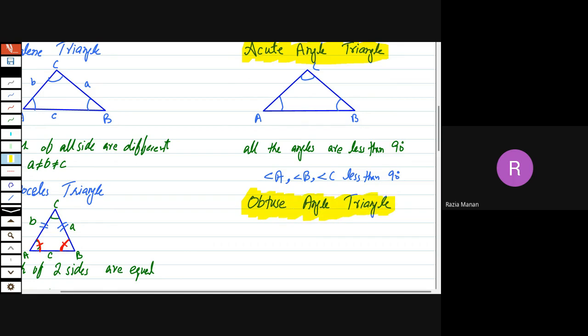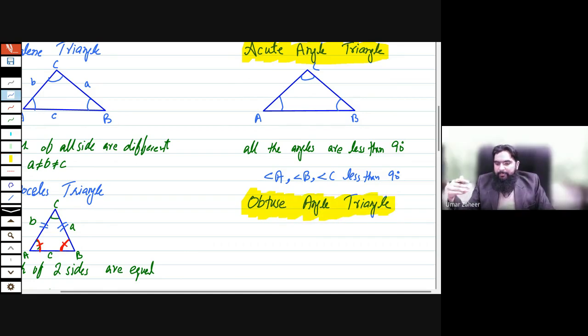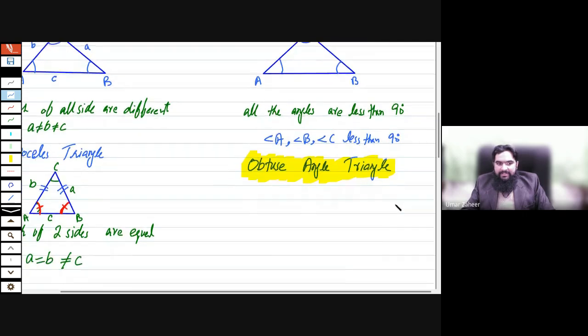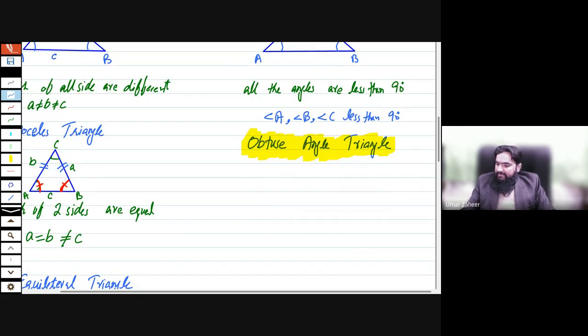Yes, an obtuse angle is basically an angle that is more than 90 and less than 180. So let's say you make a triangle in which one angle is obtuse. Then we say that this triangle is an obtuse angle triangle.